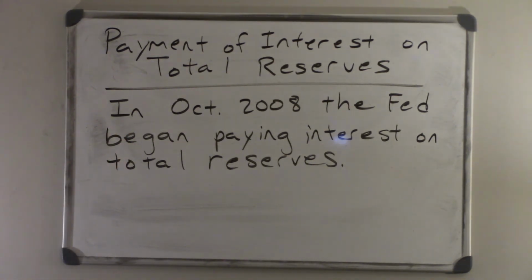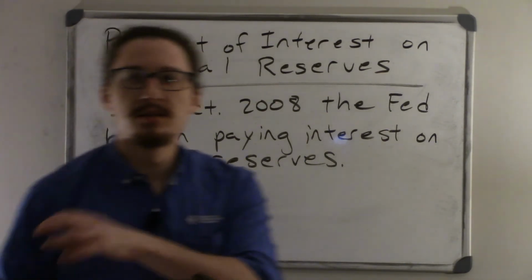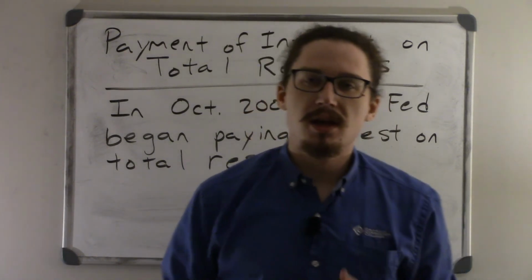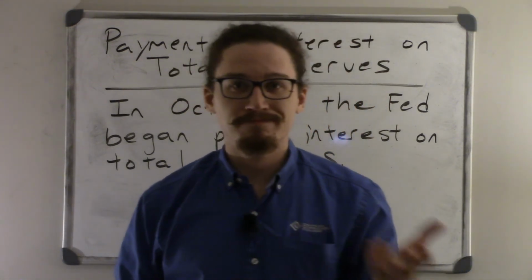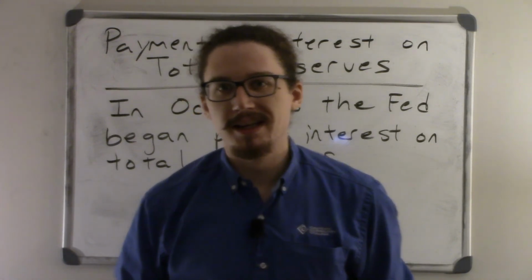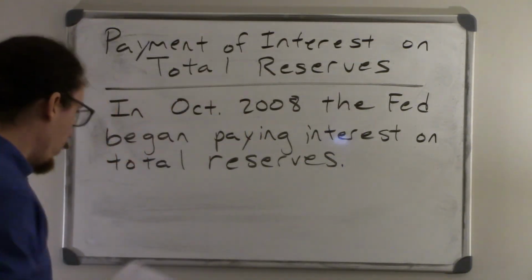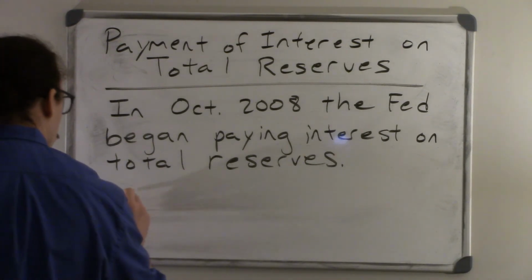So that's why they started paying interest on those reserves, so that they could incentivize or disincentivize holding more or less money in those accounts.